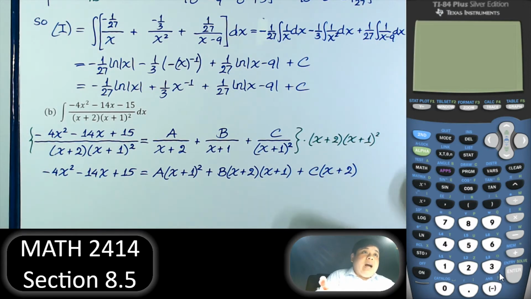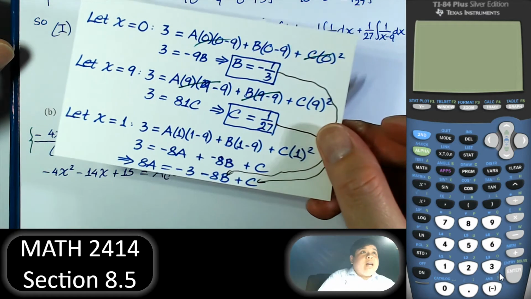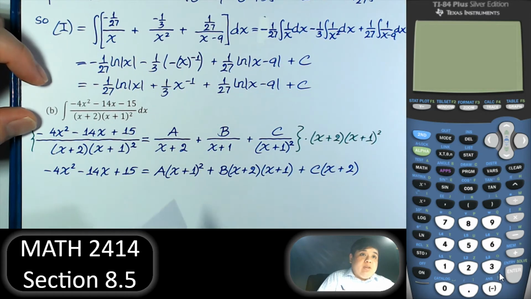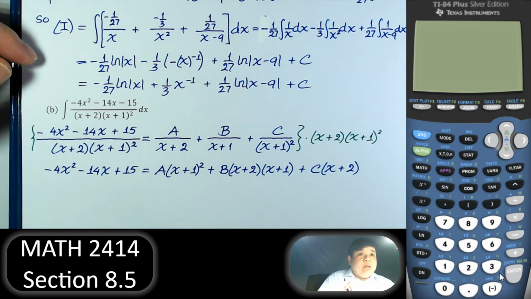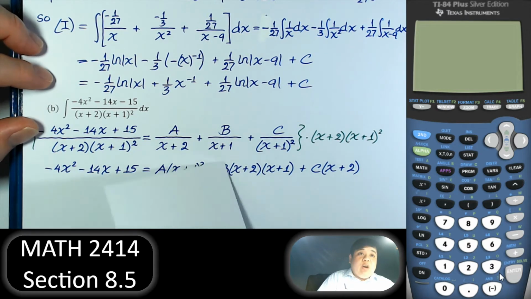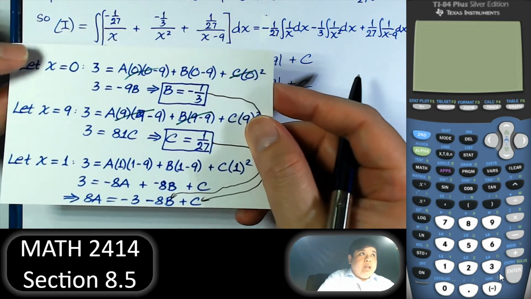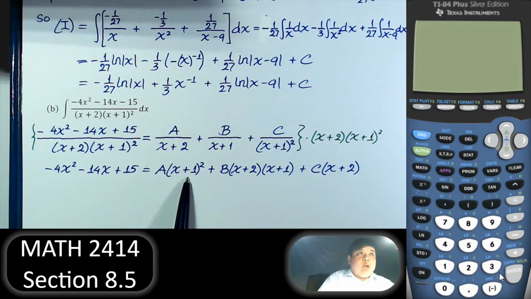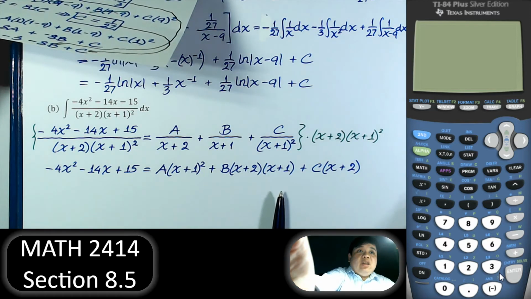Right, multiply it out, combine like terms. Or we can do it like this, and we're going to choose x equal to negative 1 and x equal to negative 2, and we're going to need 1 more value because 3 variables should have 3 equations. So we can choose x equal to negative 1, x equal to negative 2, and you can choose something like x equal to 0.